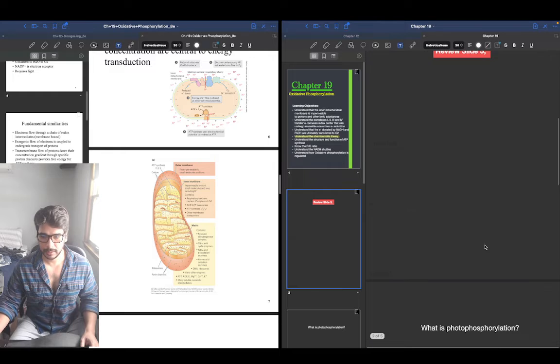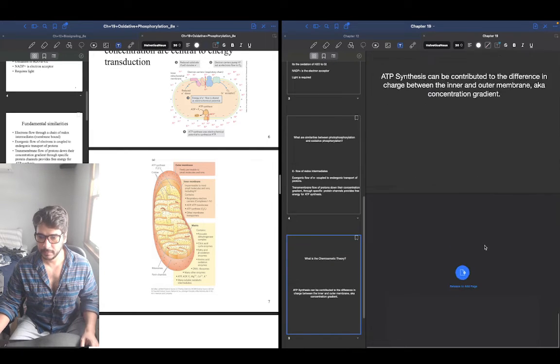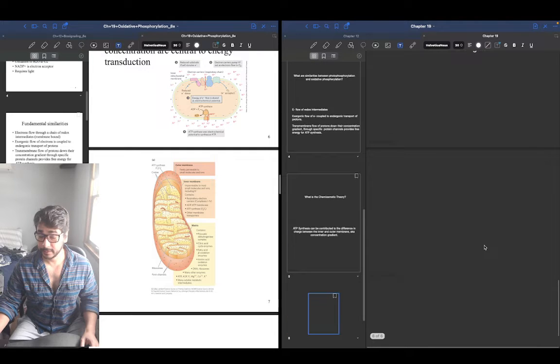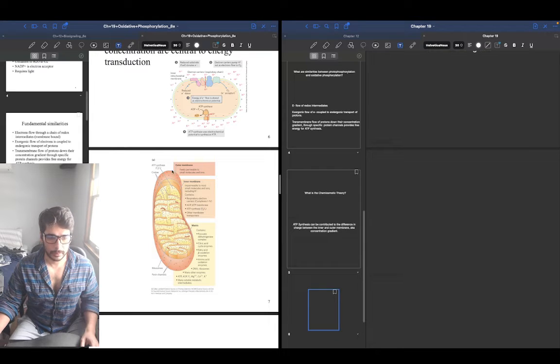So here in slide 7, we have a diagram of the mitochondria itself. Mitochondria is the powerhouse of the cell? Yeah. Okay, so we have the mitochondria, the outer membrane, the inner membrane, which is impermeable to most small molecules and ions, including the protons.